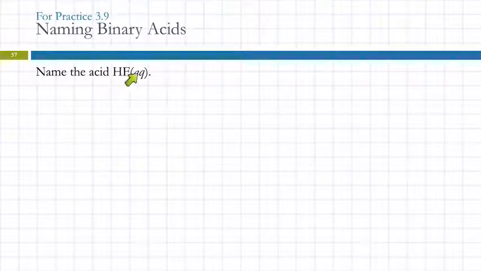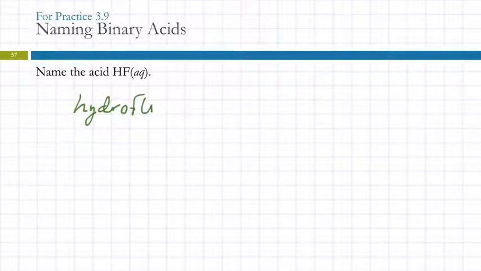So let's name this guy, HF. Is this an oxyacid or the other kind? The other kind, right? There's no oxygen. So then the pattern is hydro, and we change fluorine to fluoric, hydrofluoric acid.